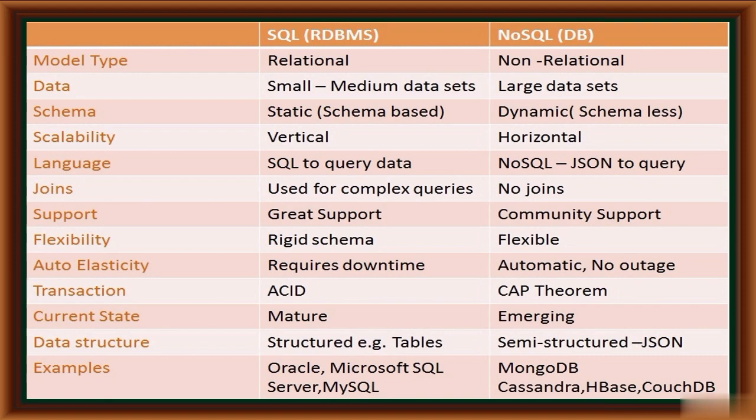With traditional databases, you need to take the database down if you want to do maintenance, while with NoSQL databases you don't necessarily have to take the database down and there is no outage, so it's kind of automatic.